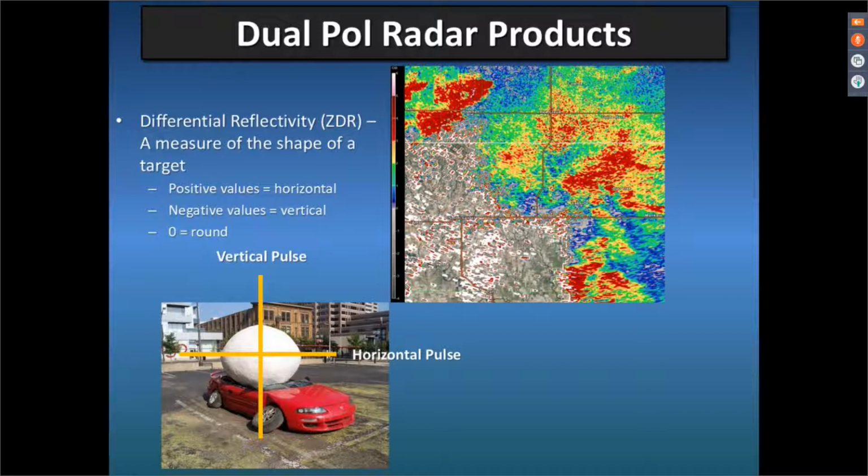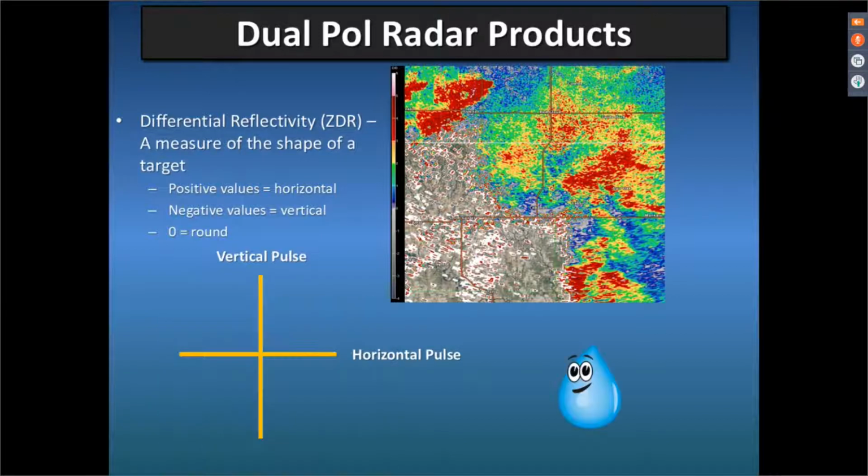But if it's highly positive and it's hitting something horizontal, that's probably just raindrops, because raindrops, as they fall through the atmosphere, actually start to flatten out just from the drag of the air in the atmosphere. And I'll go into more of this here in a minute.